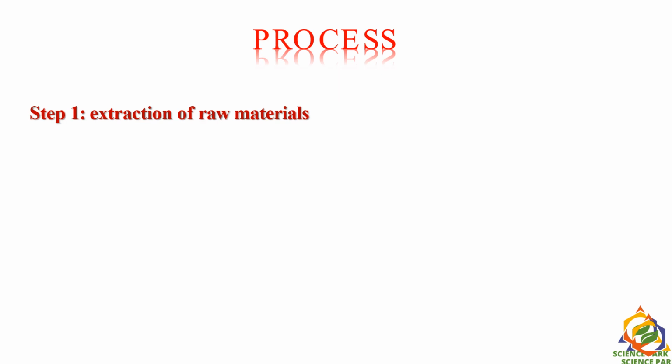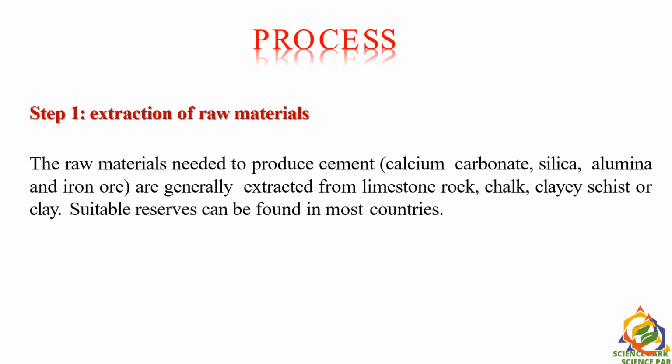Now let's see the important steps in the process of production of cement. First is extraction of raw material. The raw materials needed to produce cement, mainly we need calcium carbonate, silica, alumina and iron ore.